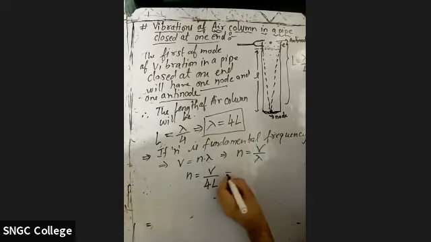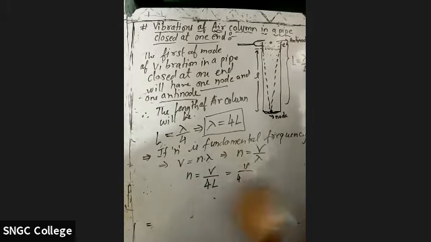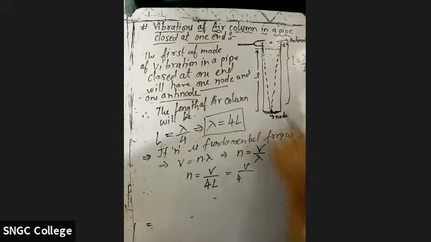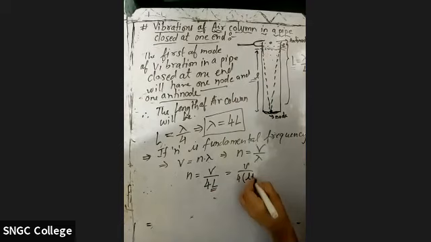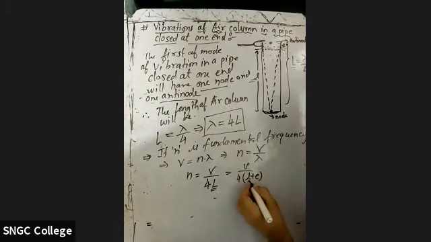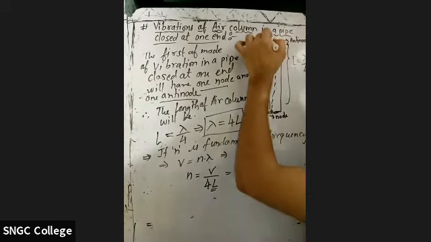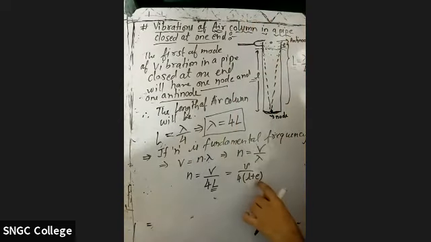Now v divided by 4L, where this L is the length of the air column, which is equal to the length of pipe plus length of this end correction. So here for L we can substitute small l plus e. This is the length of the pipe and this is the length of the end correction. End correction means जहां पे पाइप के ऊपर जितने डिस्टेंस पे हमारा एंटी नोड बनता है, that length is called.